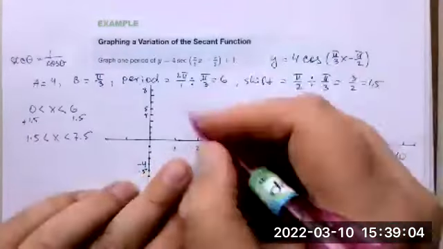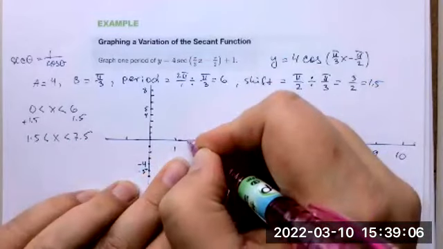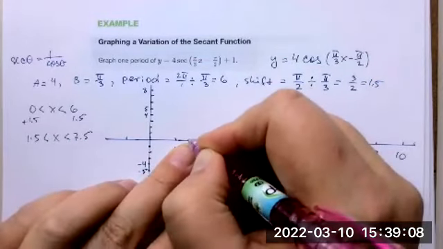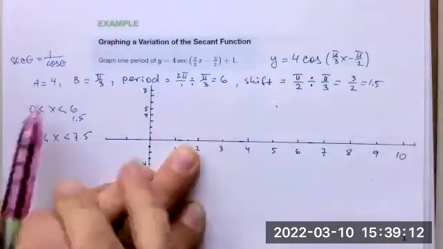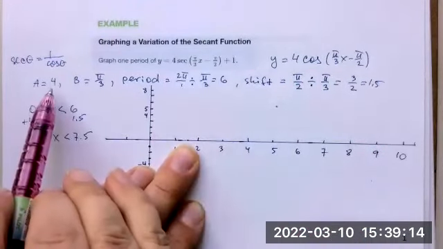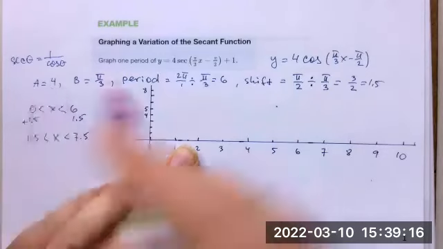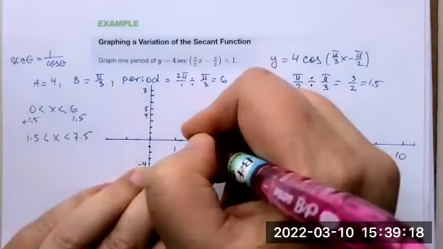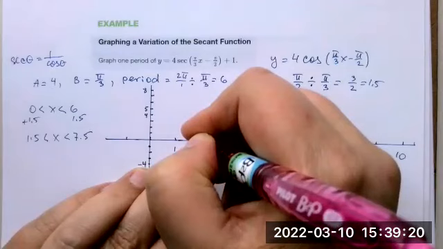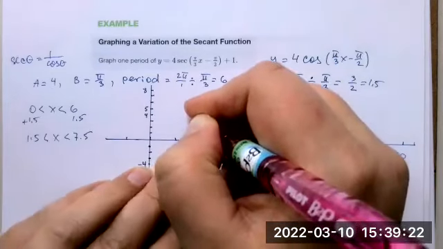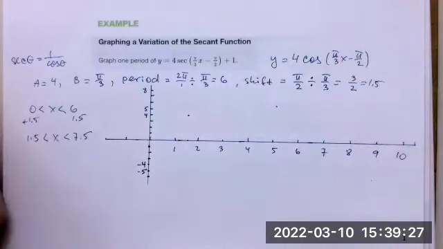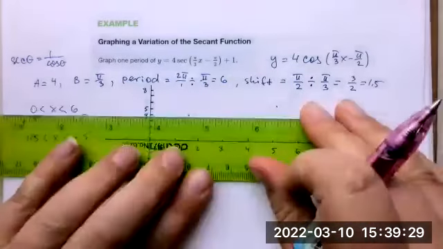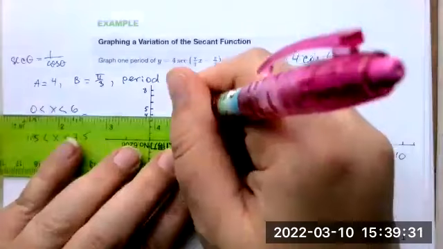So the beginning of the period is 1.5, and that's where the cosine has its maximum. And what is the maximum? We know that a is 4, so it's stretched by a factor of 4. So we're going to plot the point (1.5, 4) right there.